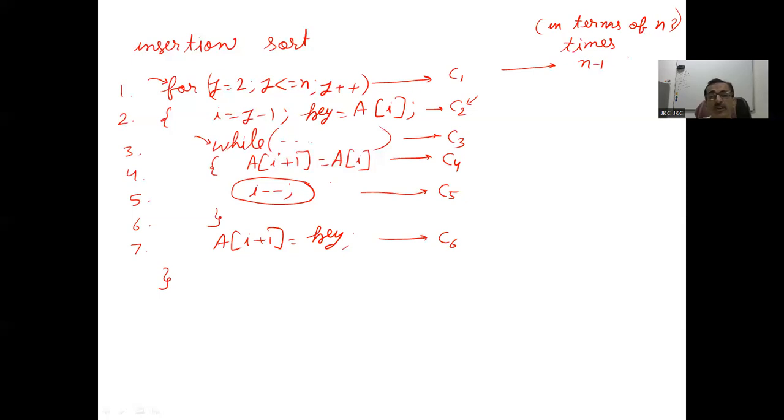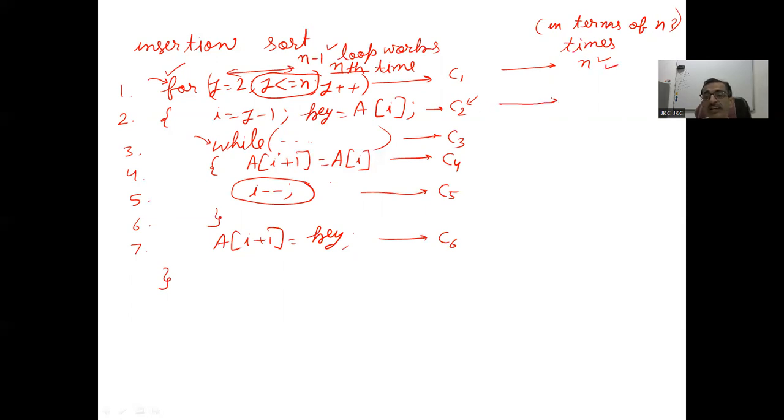Ideally speaking, it is n, because the loop works correctly n minus 1 times, but the nth time you will be checking the condition. So this condition will be checked and this statement gets executed the nth time. It will obviously be false and then you will come out of the loop. But this statement executes n times.